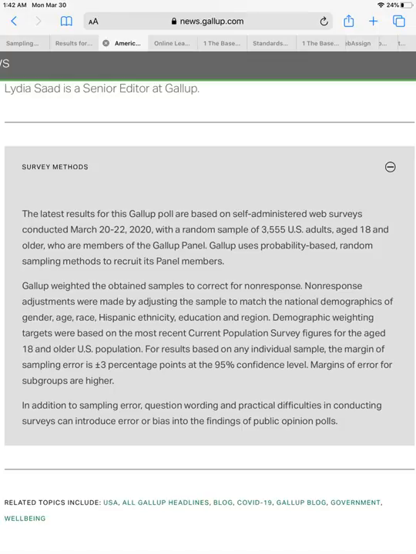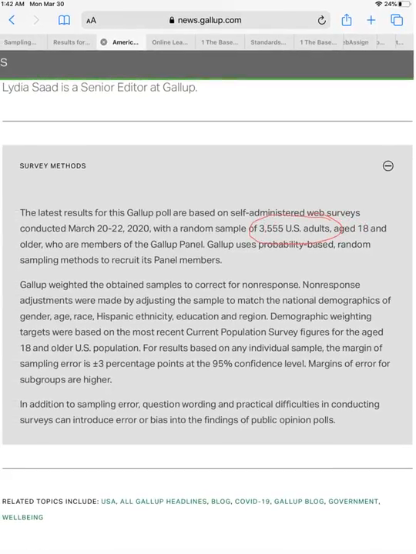So now they actually used a sample size of 3,555 U.S. adults, and they're weighting the samples to correct for non-response. And they still have a margin of error of plus or minus 3 percentage points.